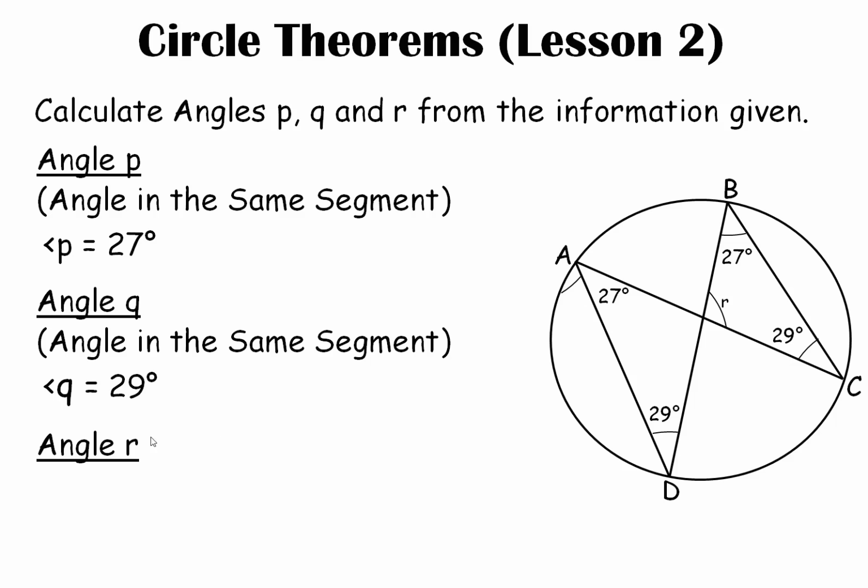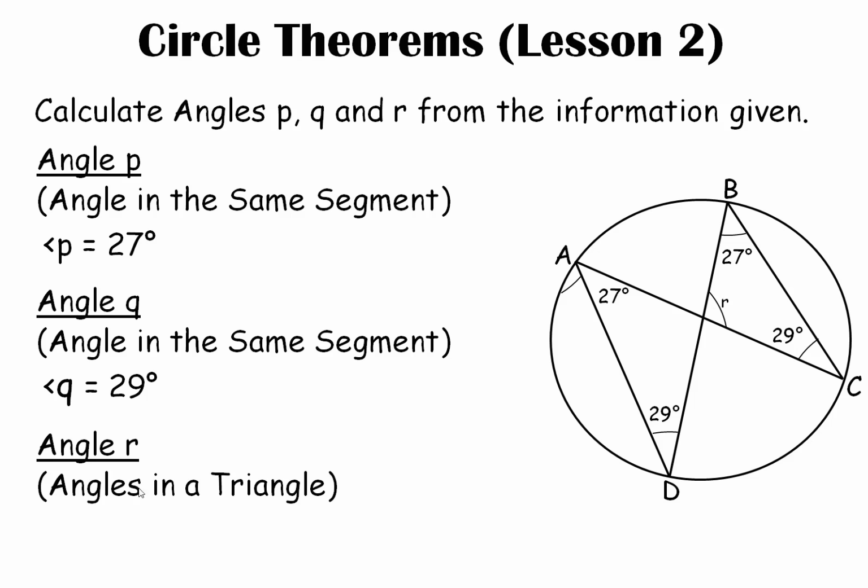Let us see angle R. These three angles now form a triangle, so we are going to use the interior angles of a triangle. We know the sum of the interior angles of a triangle to be 180 degrees.